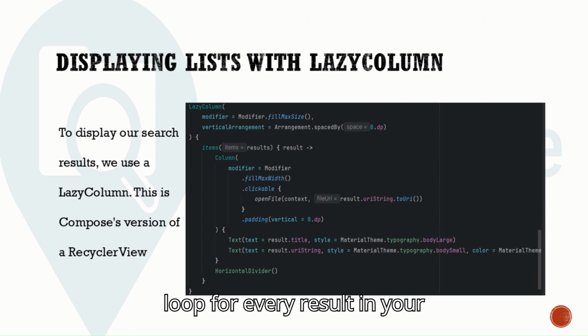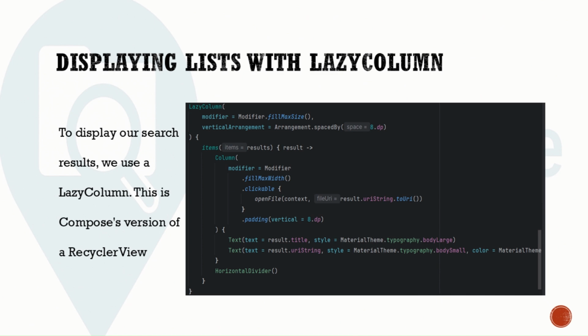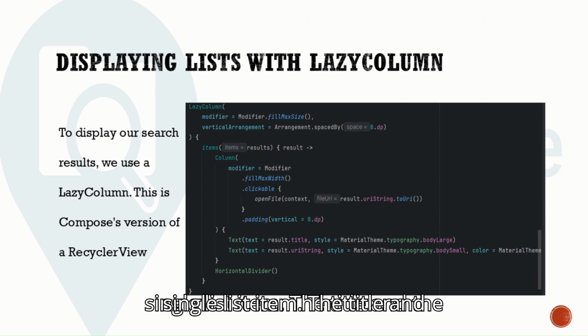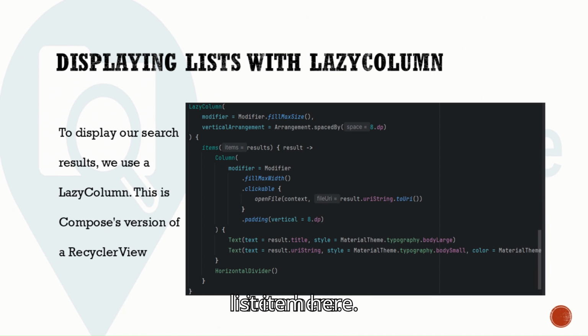This is a loop. For every result in your list of search, it will create the UI defined inside the brackets. Next, you have column. This creates a vertical container for the content of a single list item. The title and the file path is considered as a single list item here.